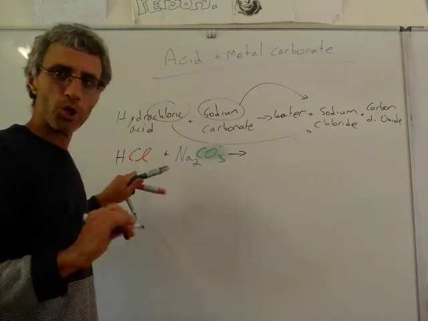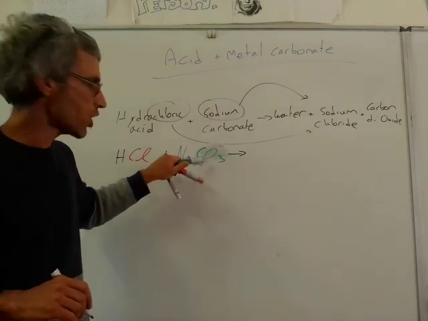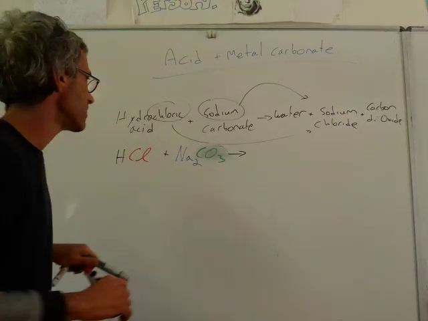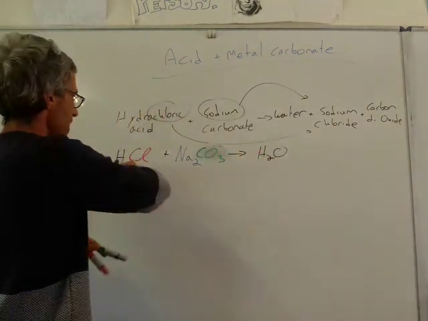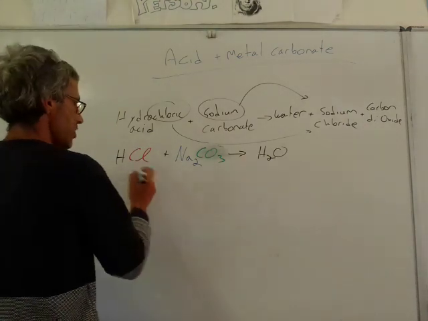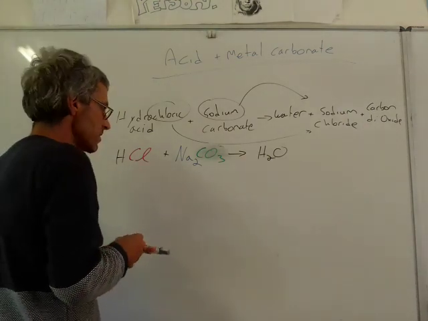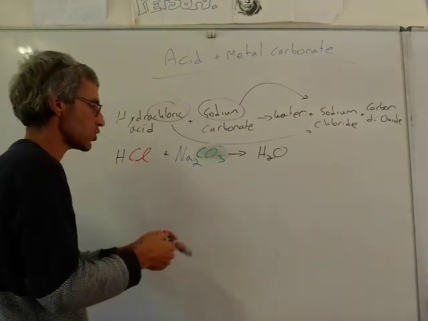We will need 2, but we're not balancing now. H will come with the O from the carbonate, and they will form H2O. I know right now it's not balanced. I have 1 H here and 2 there, but I just want to make sure you get it, that we get oxygen and hydrogen together forming the H2O.